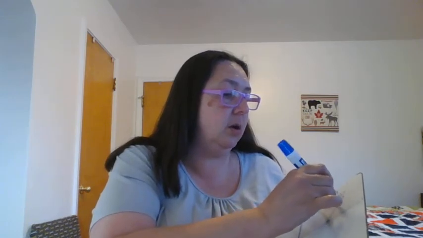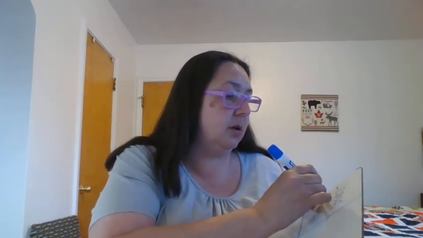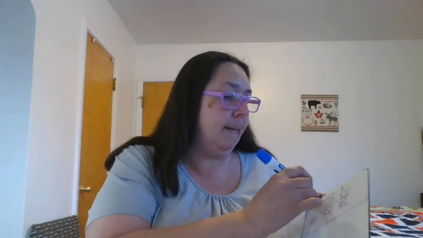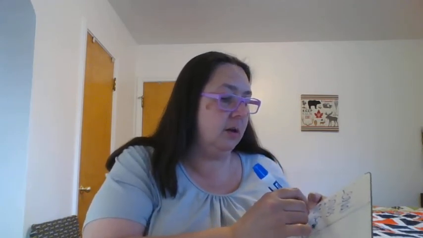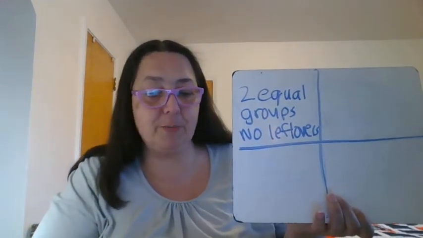So let's write here that you can make 2 equal groups with no leftovers. So when you're matching them up, there's no leftovers. All right, so that can be the first box.